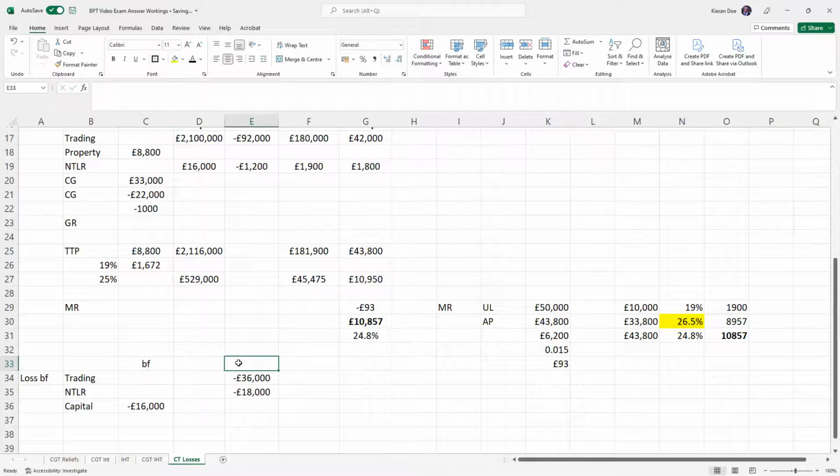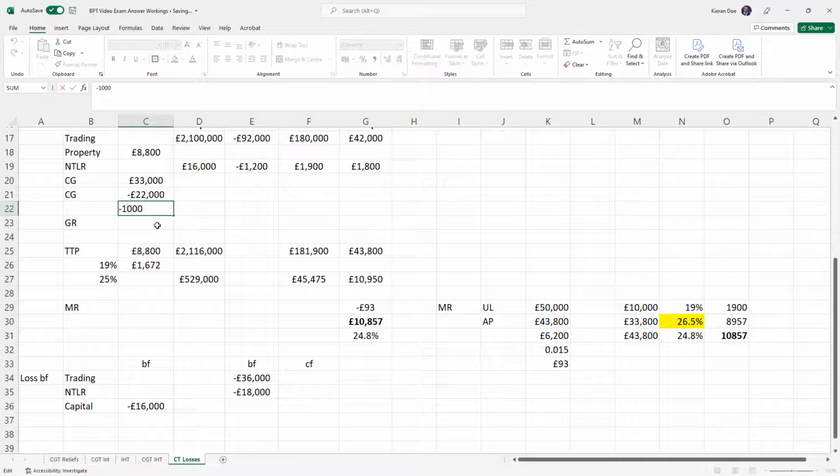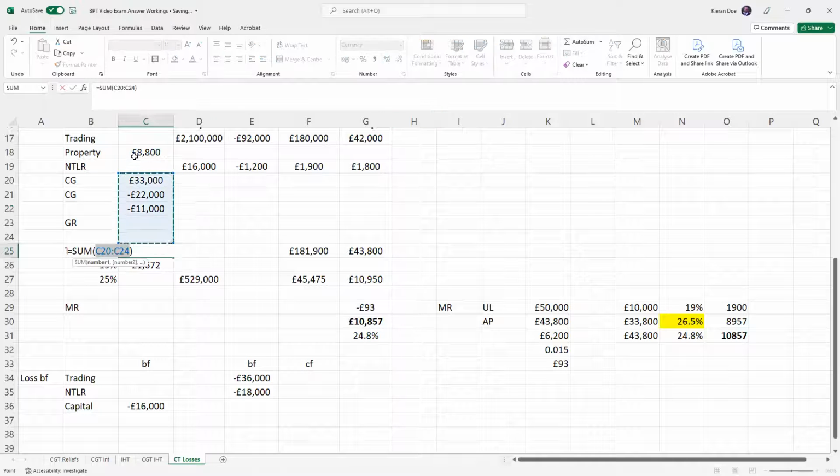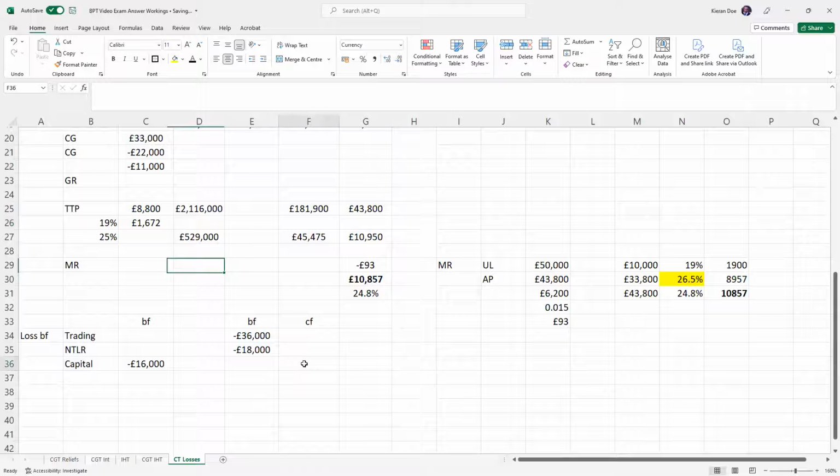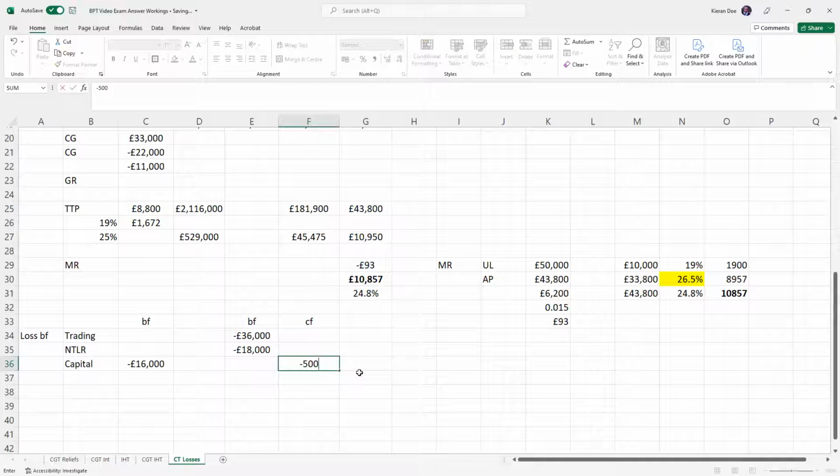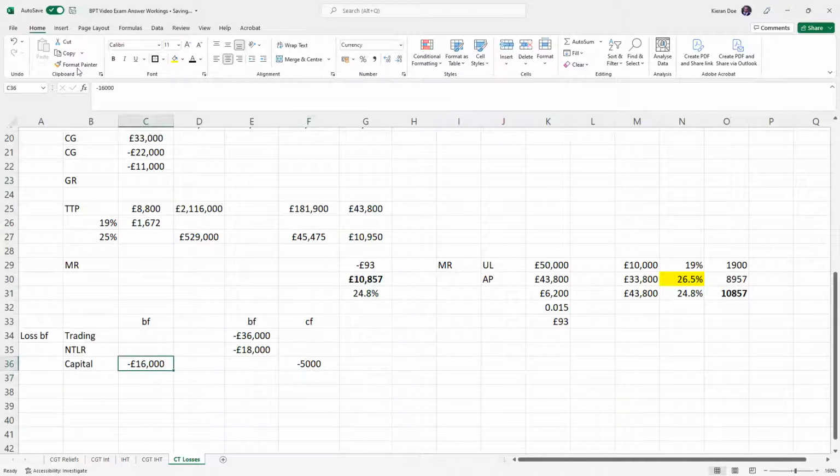So there would still be a carried forward loss here, because they've only used 11k of it, and that would just leave these taxable profits, subject to tax, because there'd be no chargeable gain. So that would leave a carried forward loss here.